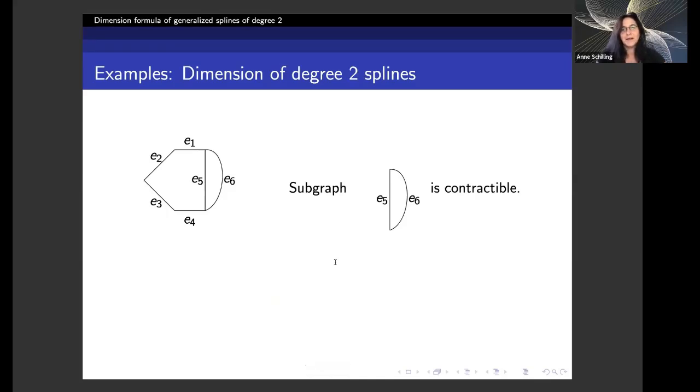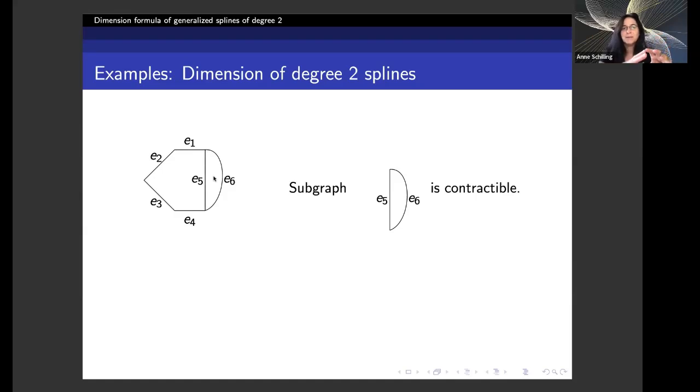And here's another example. So here is a graph where I can actually contract a subgraph, right? Here, this face has only 2 edges. So if you compute the number of edges, which is 2, minus 3 times the number of faces, so it's just one face, so 2 minus 3 is minus 1, so that is less or equal to 0.